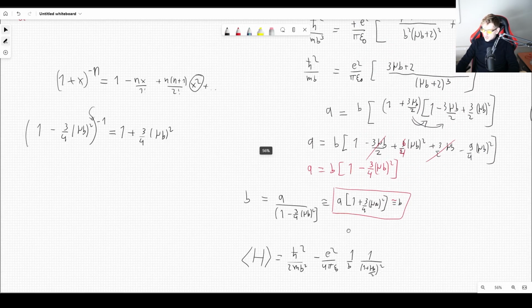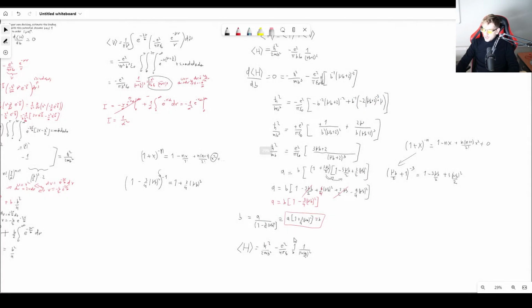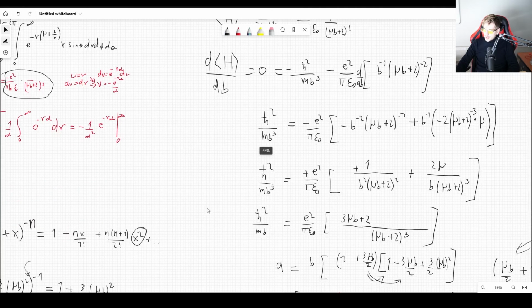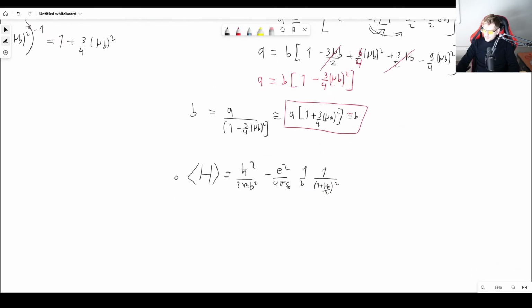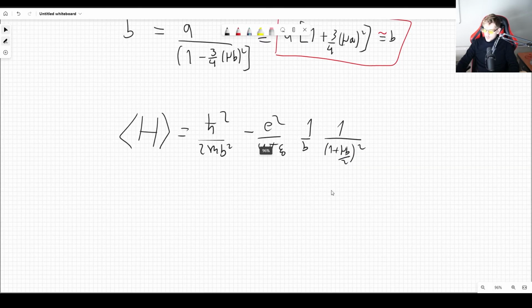Let me double check. Yeah, we hadn't done the factorization back then, but we already did it now, so it's okay. The only difference is that this 2 wasn't factored out before.